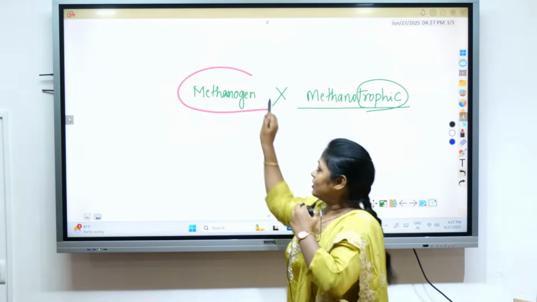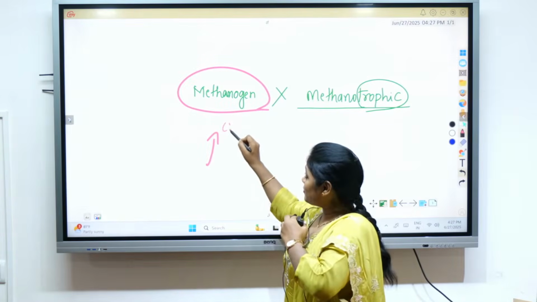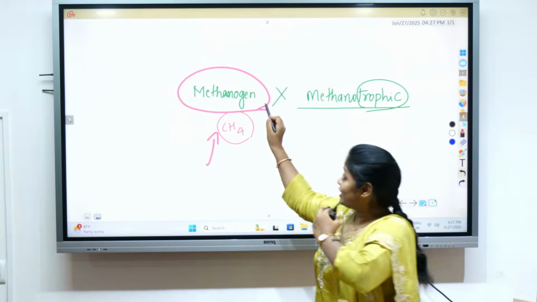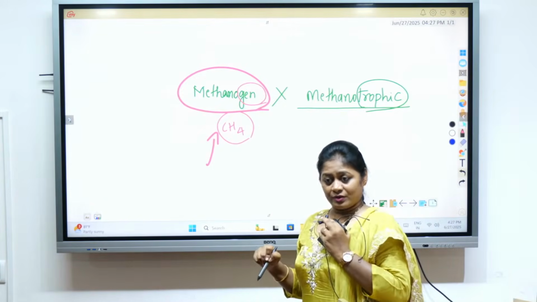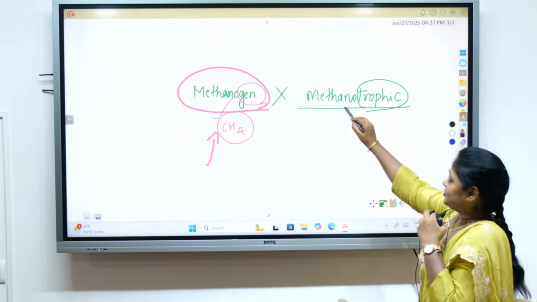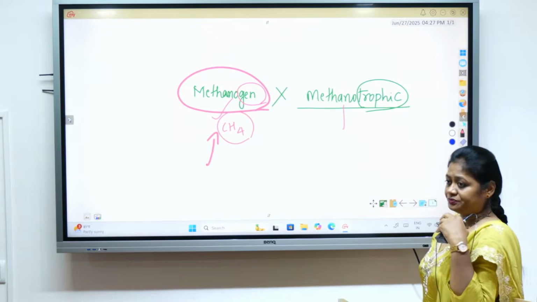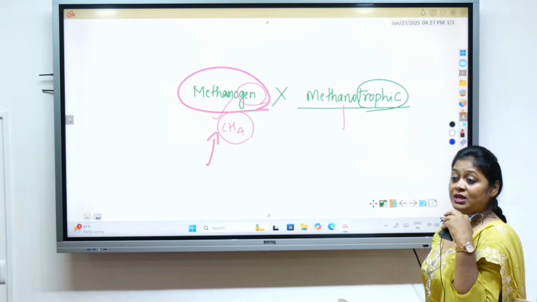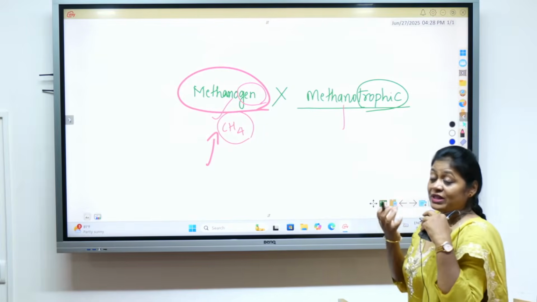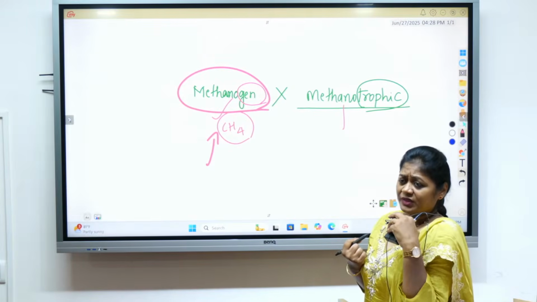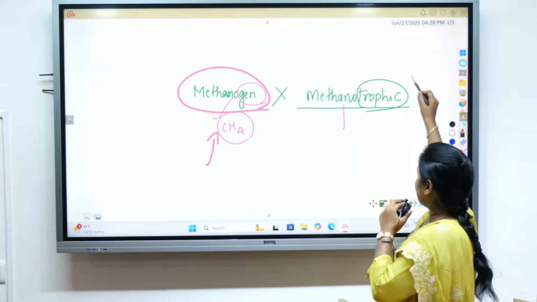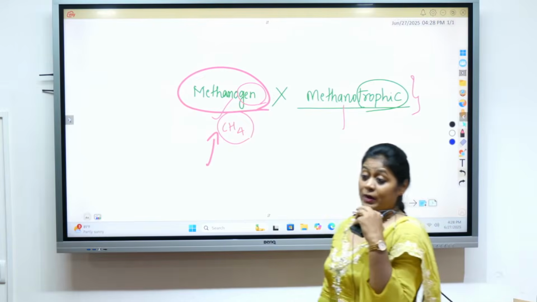These bacteria are releasing methane into the atmosphere, isn't it? Methanogen, generating methane. But here these bacteria will consume methane as food. It will consume methane from the atmosphere. It is the source of food for this bacteria. So this bacteria is known as methanotrophic bacteria.